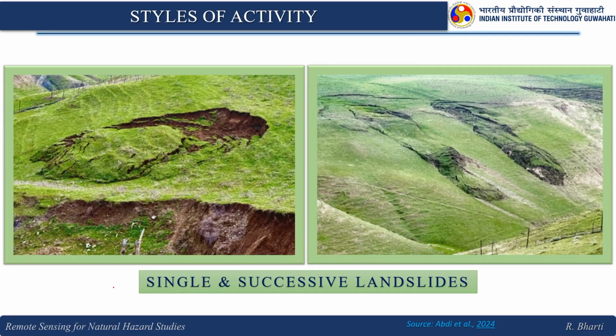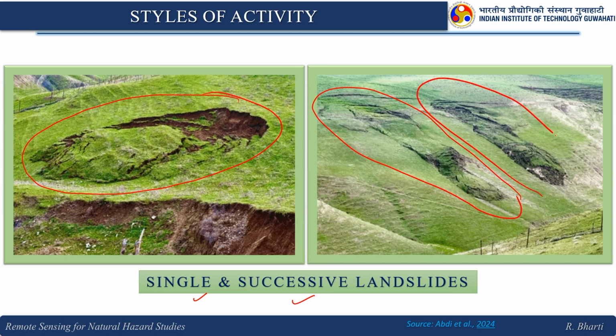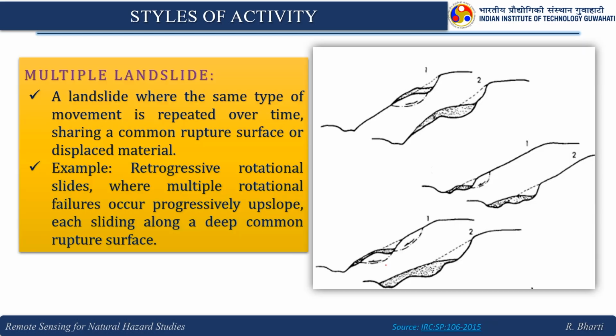So, here is the example of single and successive landslide. Here you can see there is only one. So, this is single. Here you can see there are two similar landslides happening in the same area, right. So, this is successive.